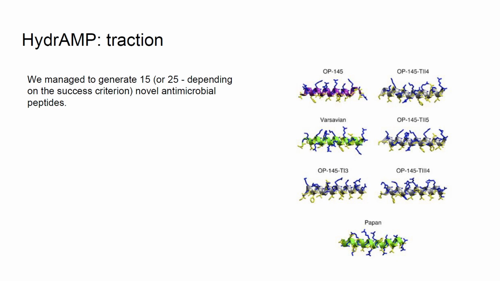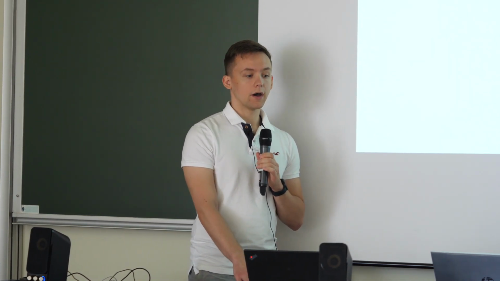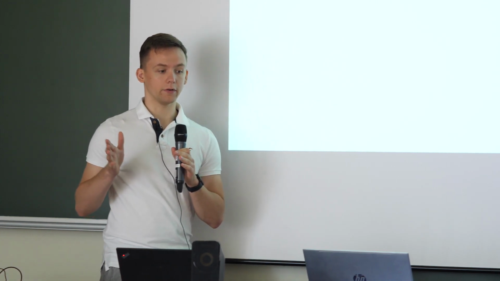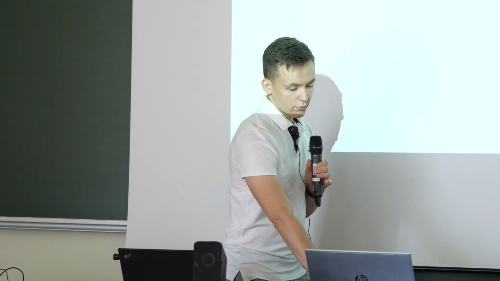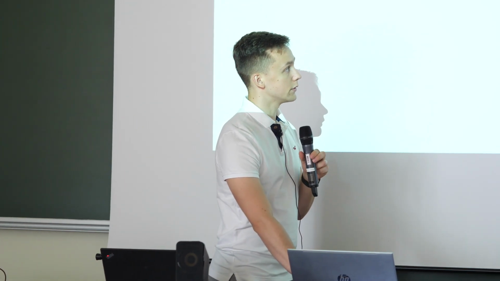Some of them are patented by the team working in our faculty. And now we'll talk more about our work for the project. But first, we'll start with defining the model for HydrAMP, the original one, and our modified model for generating the peptides.